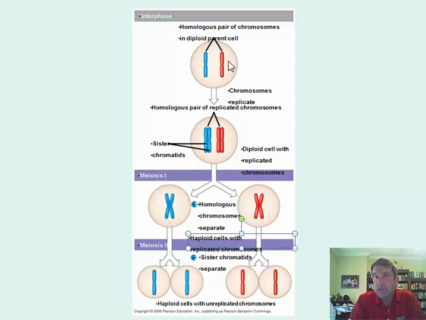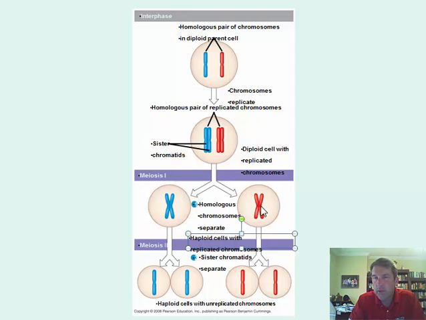So we have our diploid parent cell, and it will replicate its chromosomes when it's getting ready to divide near the end of interphase.